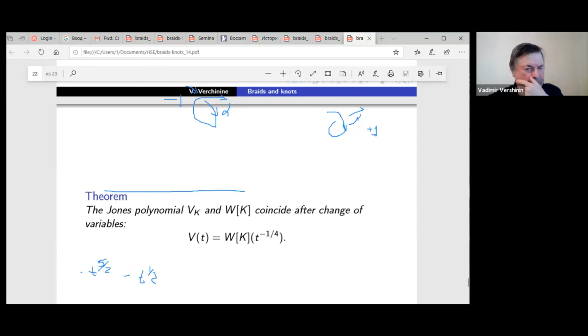This is the positive Hopf link. The negative Hopf link will have, of course, minus T to the minus 5/2 minus T to the minus 1/2.